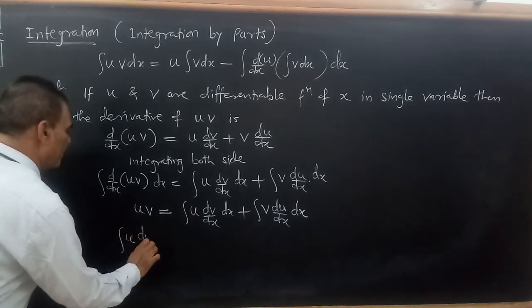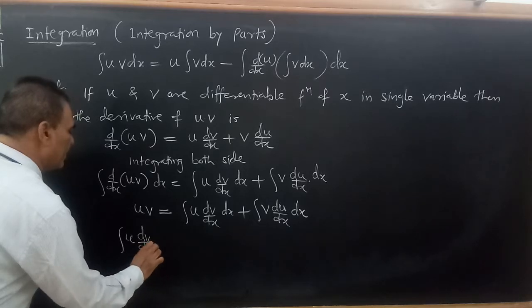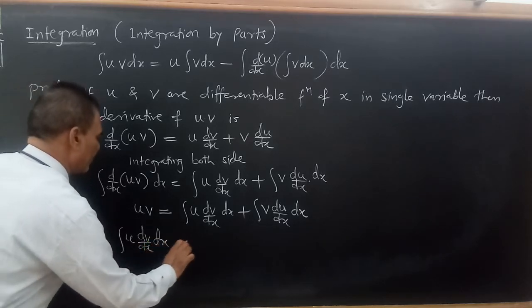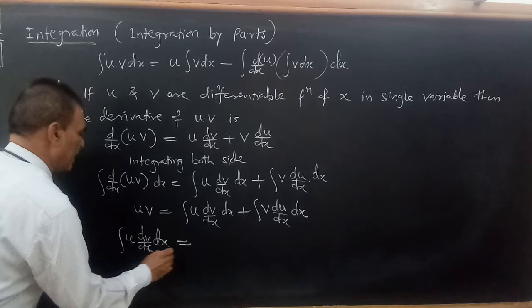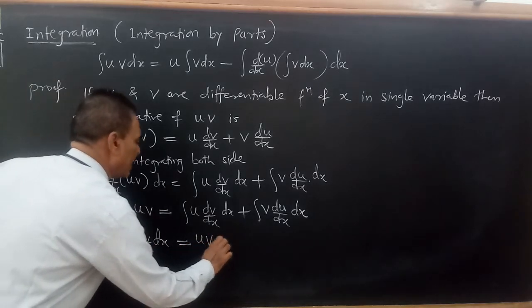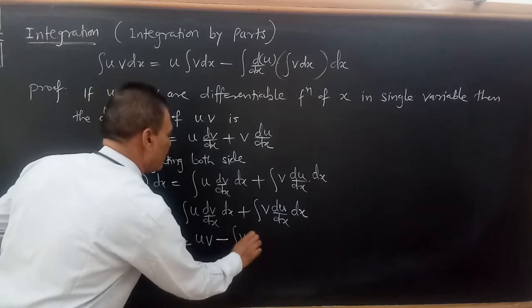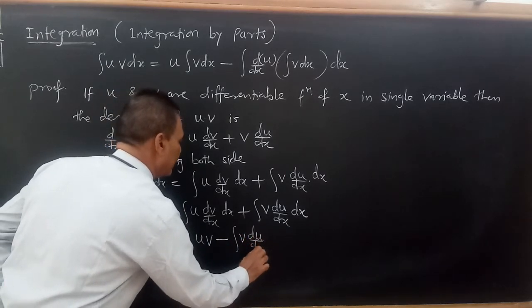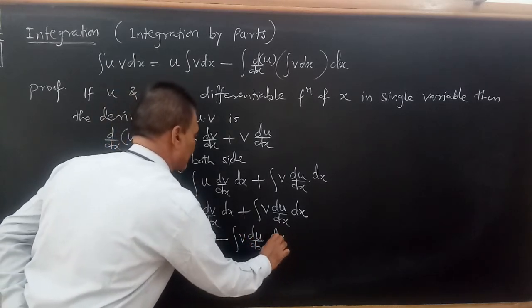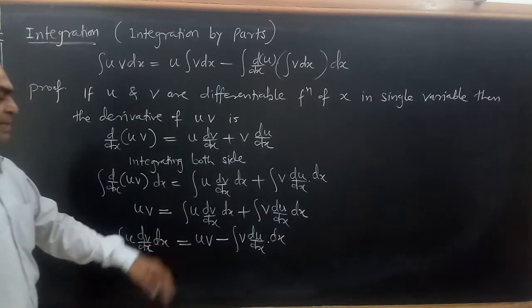Integration of u dv by dx into dx is equal to what? You can write uv minus, transferring this term to that side, integration of v into du by dx into dx. Try to understand this step clearly.